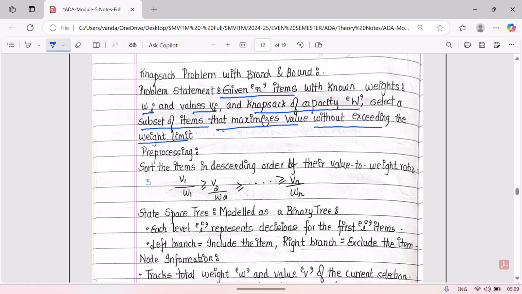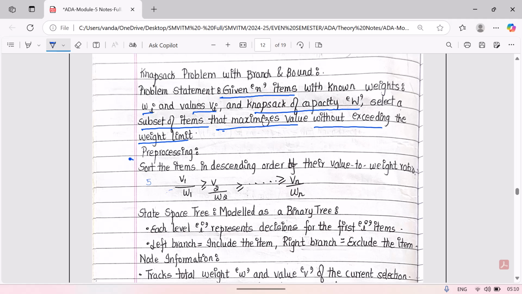So there will be n items. Each item will have a weight and value associated with it, and the knapsack will have a capacity of W. You have to go on putting things into the knapsack so that it doesn't exceed the capacity, and the value will be the highest for the items that you have added.